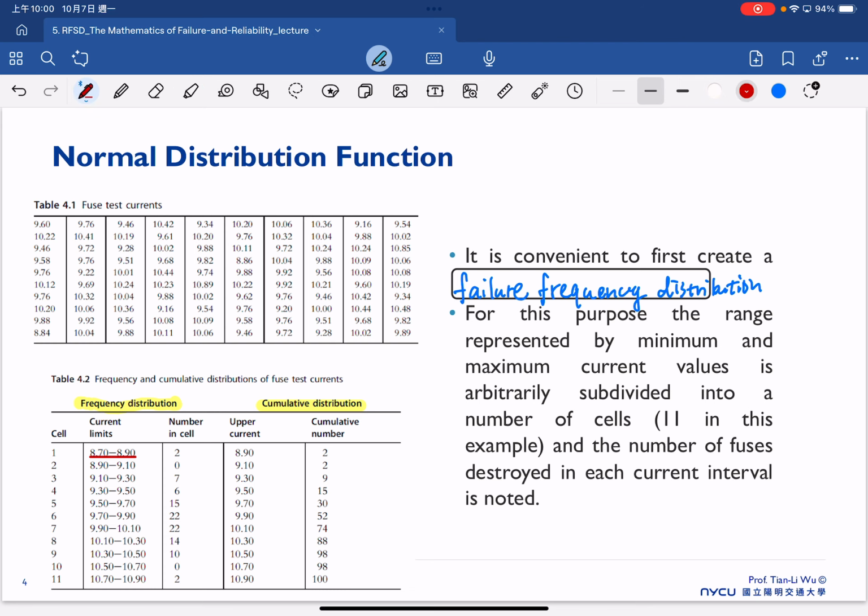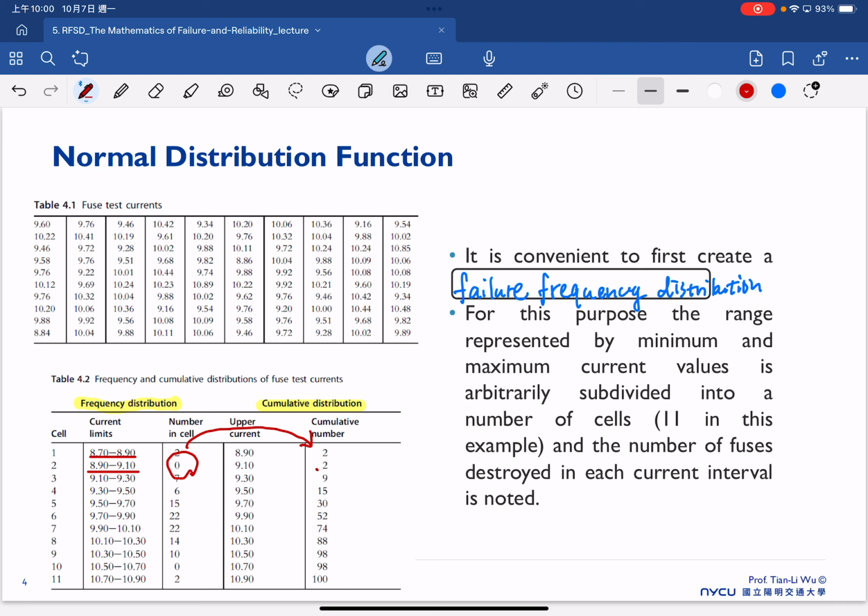Since we only have two fails, starting from small to high, the first cumulative is 2. The next range is 8.9 to 9.1, and we found that there's no fuse failure in this current range.